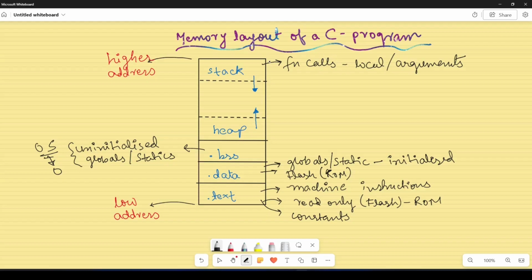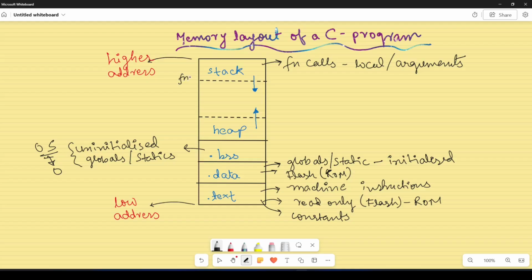And since this stack grows towards the lower address, whatever comes last will be popped out first. So basically, function calls are made in a repetitive manner.